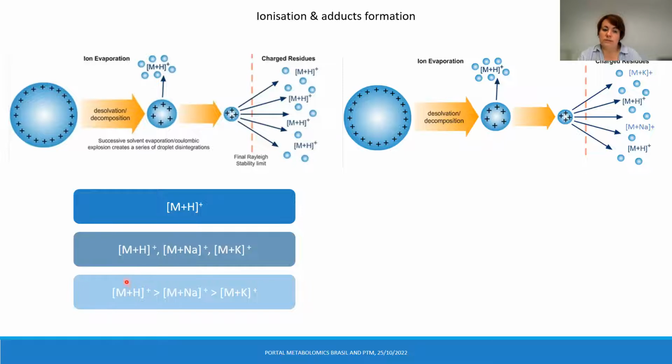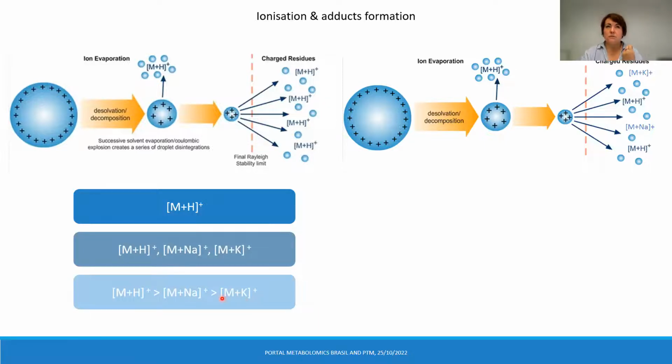Majority of such cases can be very precisely described, and we can prepare a kind of preferred list of formed ions. So we will have, for example, the protonated form as the main form, followed by the signal with sodium, and finally the potassiated form. And as I told, this is not something happening randomly.